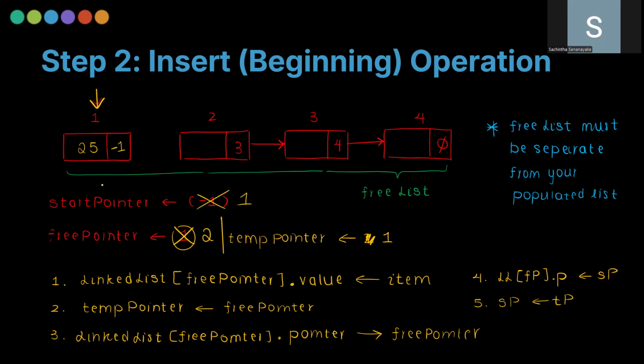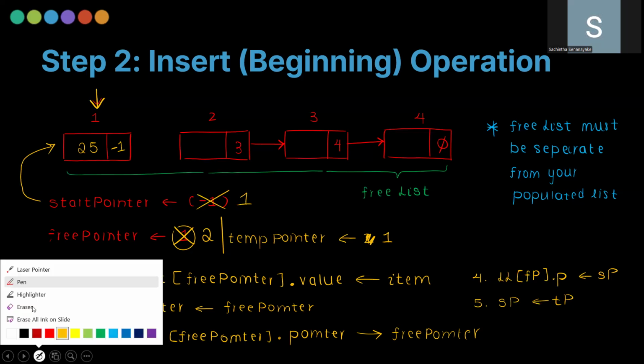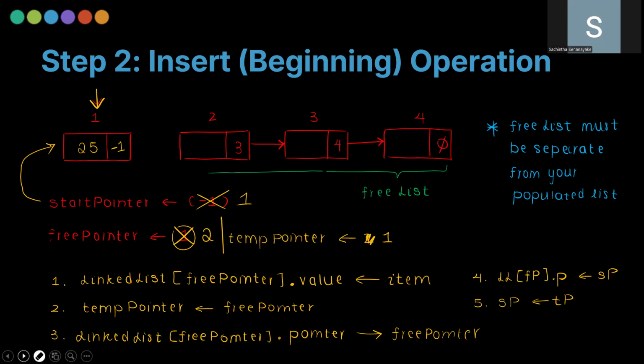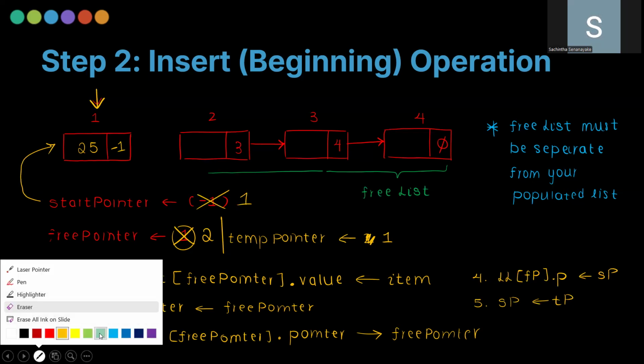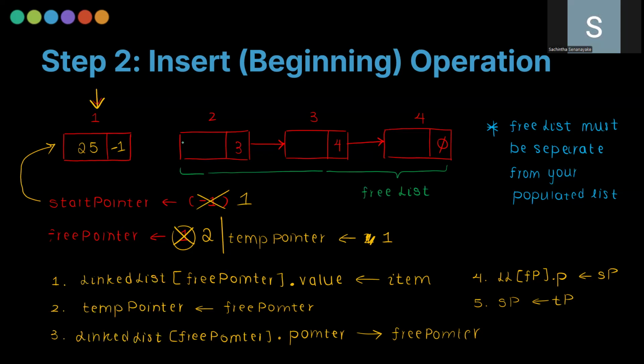And that, ladies and gentlemen, says that the start of our linked list is this node, node number 1. And that has successfully updated our free list to be this portion of the linked list. And our populated list is this portion of the linked list. This is how you insert nodes to the beginning of the linked list.